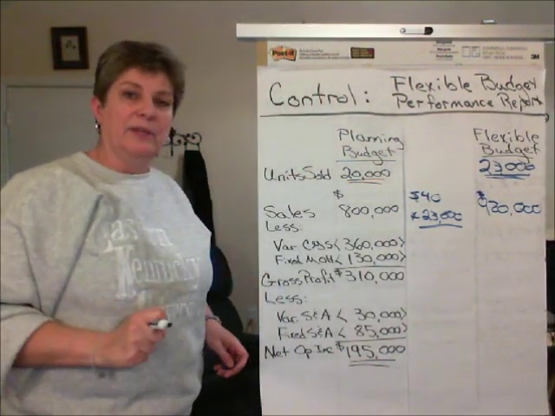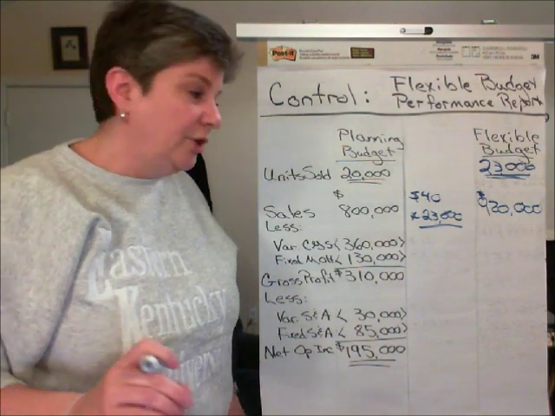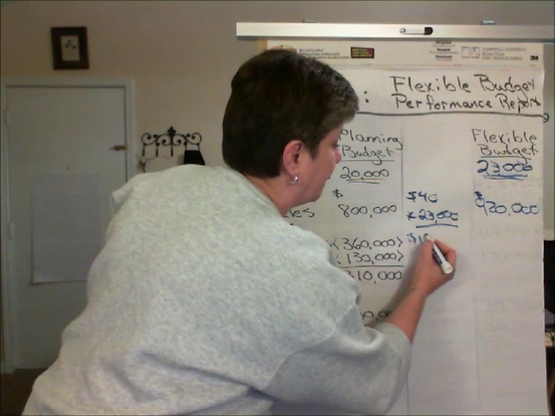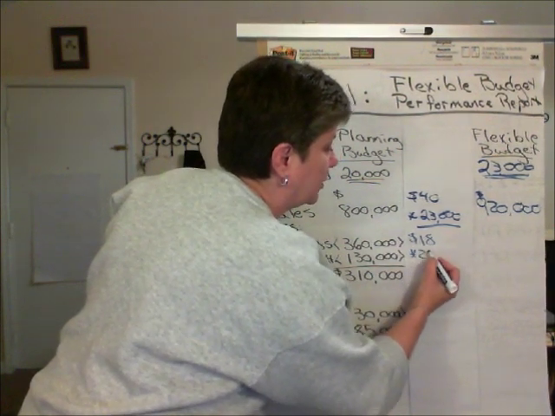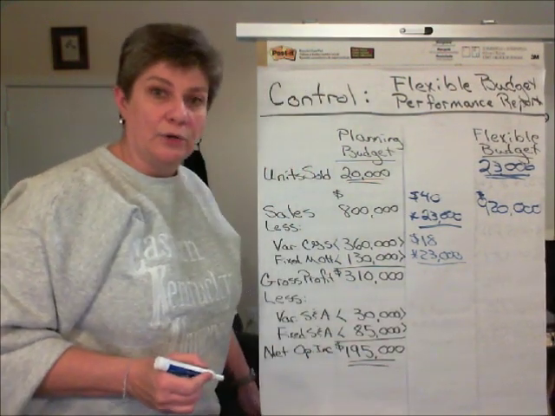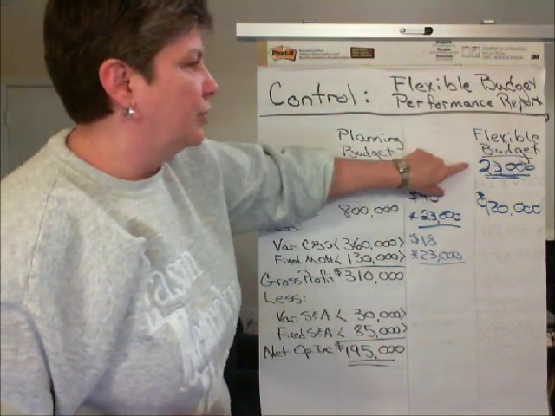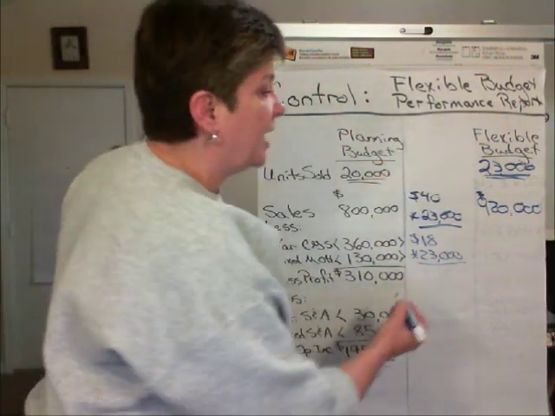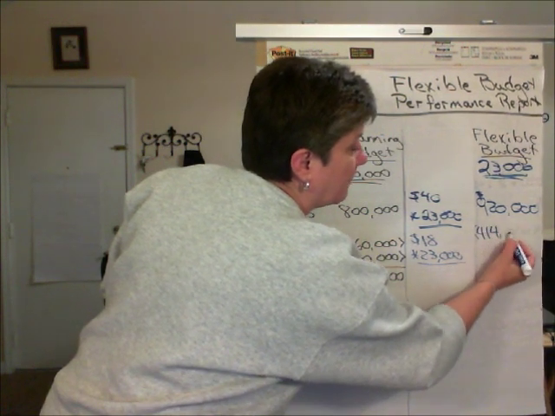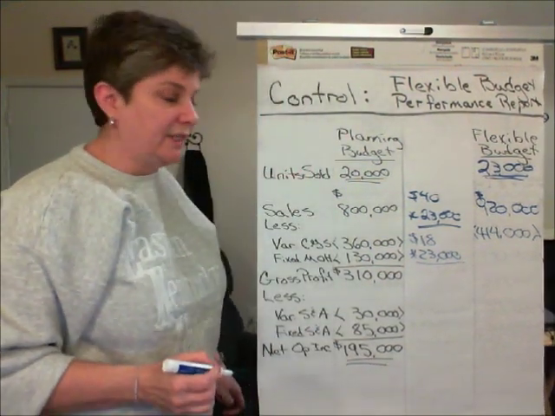And then we'll do the same thing for the variable cost of goods sold. Our variable cost of goods sold per unit was $18 standard, and we produced and sold 23,000 units. So $18 times 23,000, our variable cost of goods sold for 23,000 units should have been $414,000.